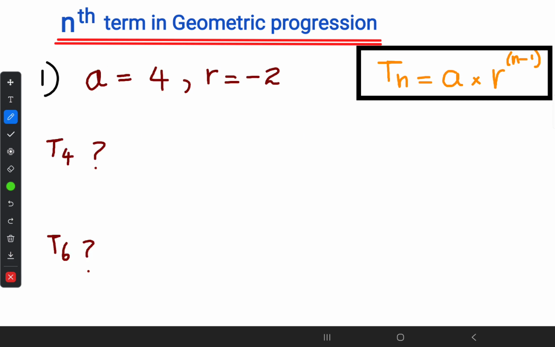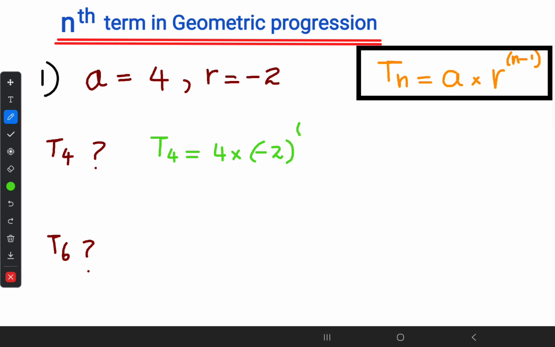So for T4, substitution of A, that is 4. R is negative 2, so I'll keep it inside a bracket to ensure the negatives are multiplied.